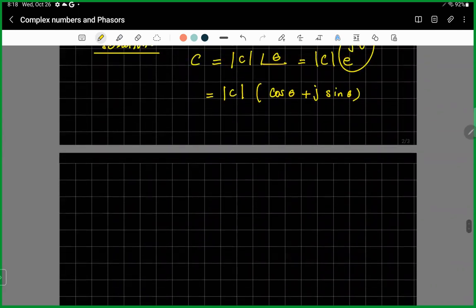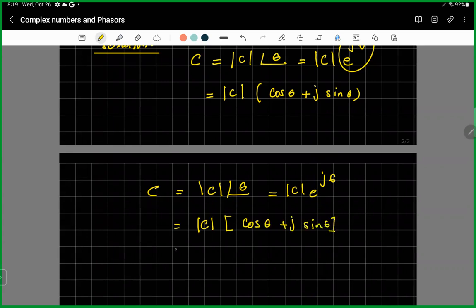So let me write again. If you have a complex number expressed in polar form, that can be expressed as the magnitude C times e to the j theta, and theta will be resolved into a complex number, cosine theta plus j sine theta.